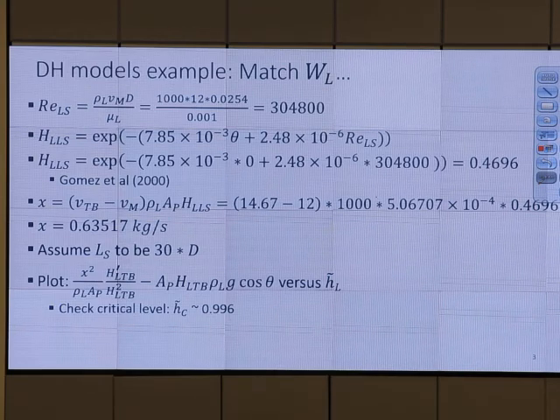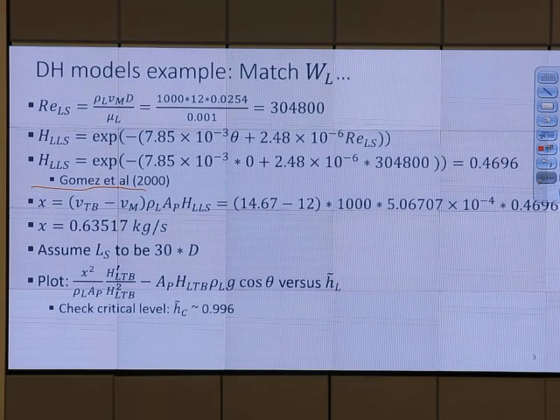So put the value in. Be careful with the unit. The unit may be radian or degree, so you have to check. This is the formula in your book, and we will talk about it more on slide 42, I think. Then we know the holdup inside the slug body.